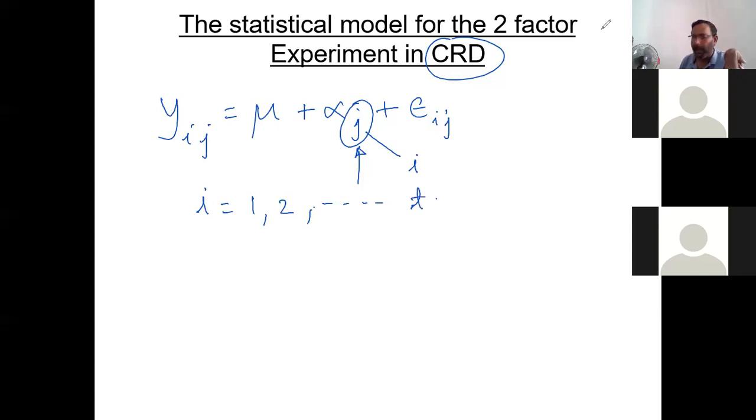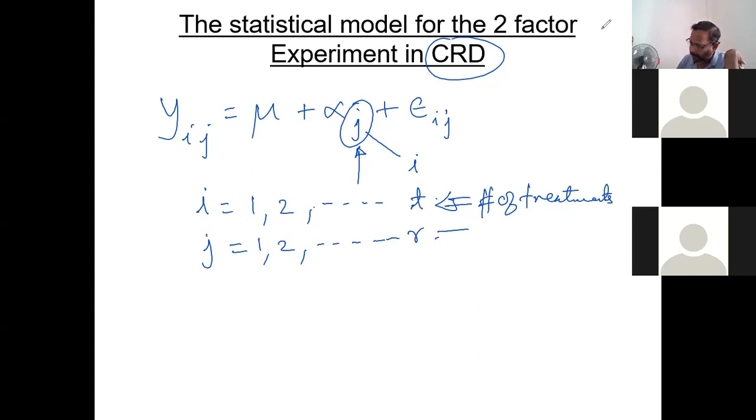T is the number of treatments. You can use j also, but j is 1, 2 and goes up to r. What is r? Anyone? Number of replicates. Good, number of replicates.